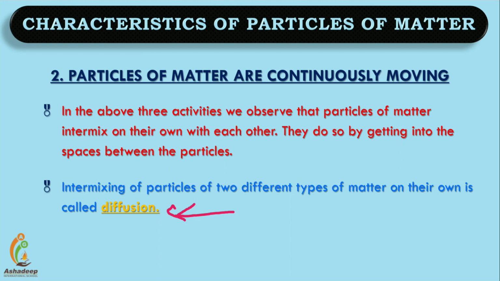Whenever the word diffusion comes, you have to remember that it is intermixing. In later chapters, this word will be frequently used. Diffusion means intermixing of particles, and it happens by their own. We are not doing anything to mix them.